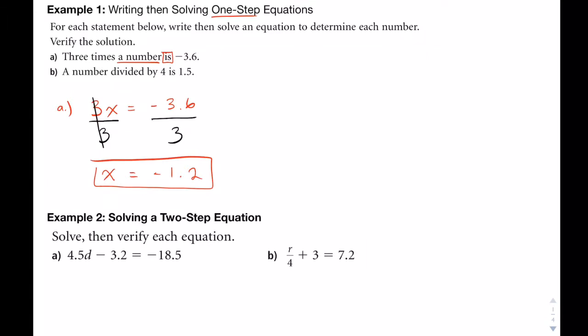So we want to isolate our variable, and the way we do that is we do opposites. This was only a one-step equation, so it was very quick to answer this question. The second example is: a number, which means x, divided by 4 is 1.5.